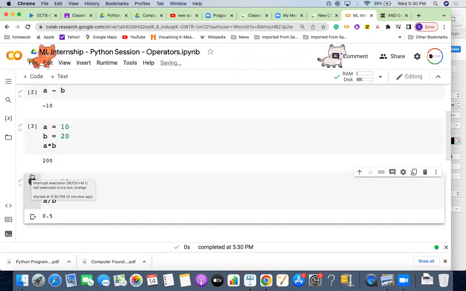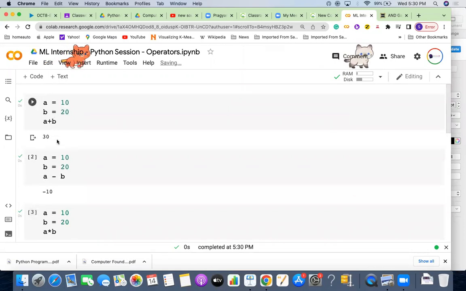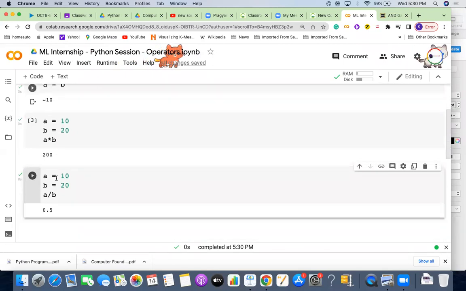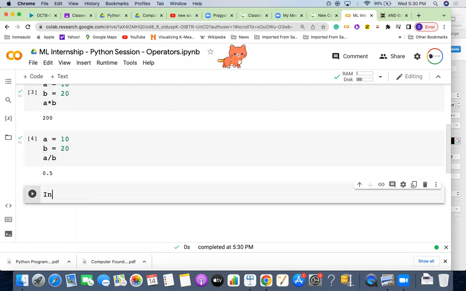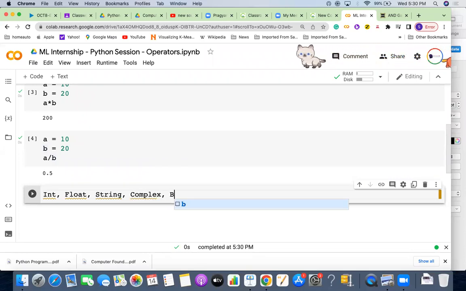Okay. These operators will need specific operands. Something may work on all. What are the different data types in Python? There is int, float, string, and complex number, and there is bool.